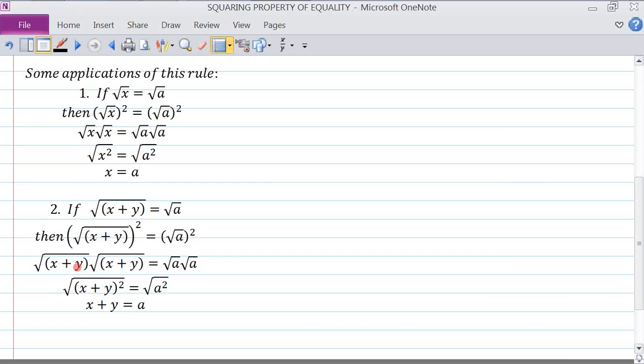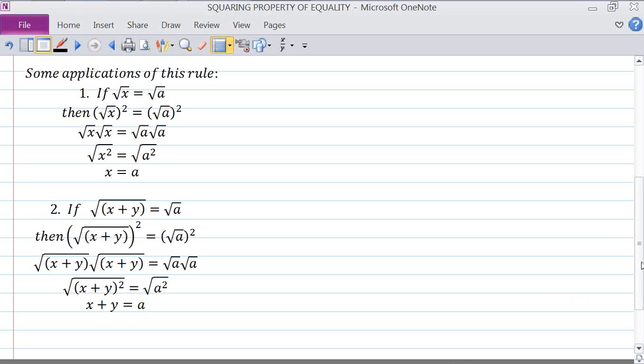Now this multiplied by this under the root sign gives me the square root of (x plus y) squared. Root of A times the root of A gives me the square root of A squared. Now the square root of (x plus y) squared is x plus y, because the square root cancels the square and you're just left with this. And similarly the square root of A squared is A.